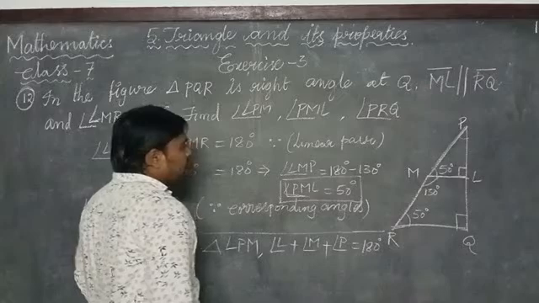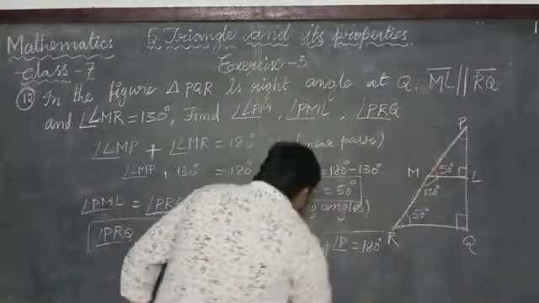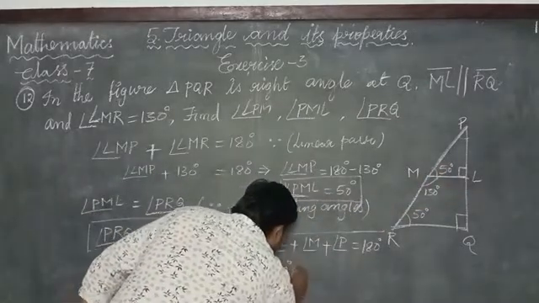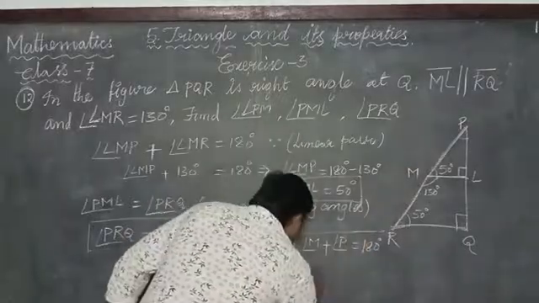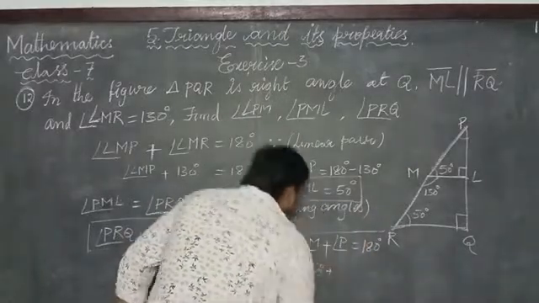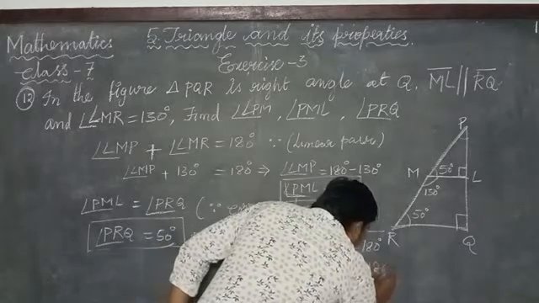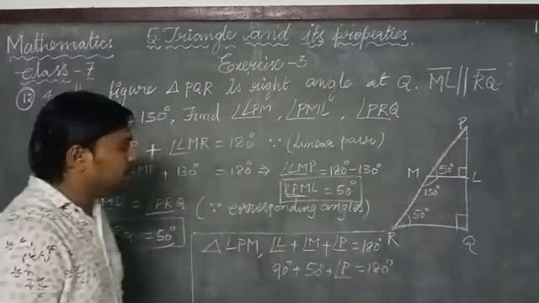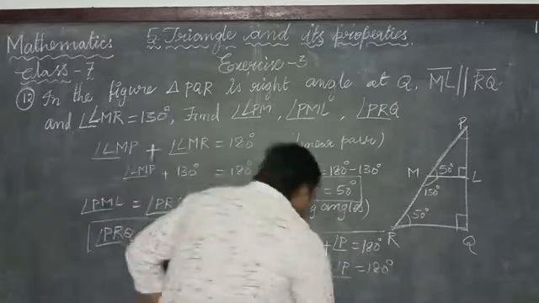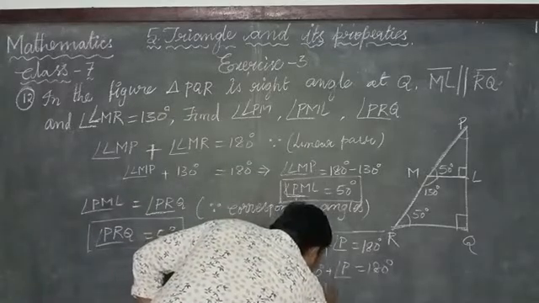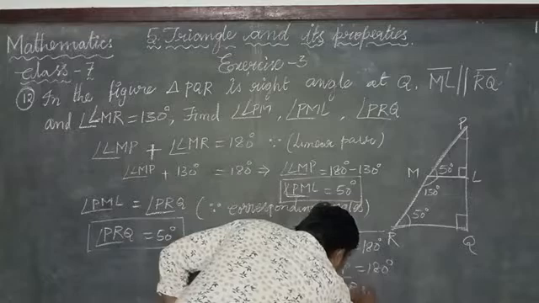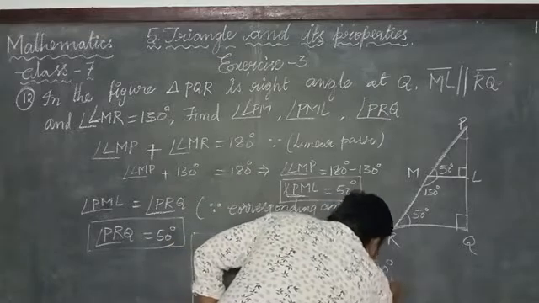Here angle L equals 90 degrees plus angle M equals 50 degrees, then angle P is the unknown value. So 90 plus 50 is 140, plus angle P equals 180 degrees.